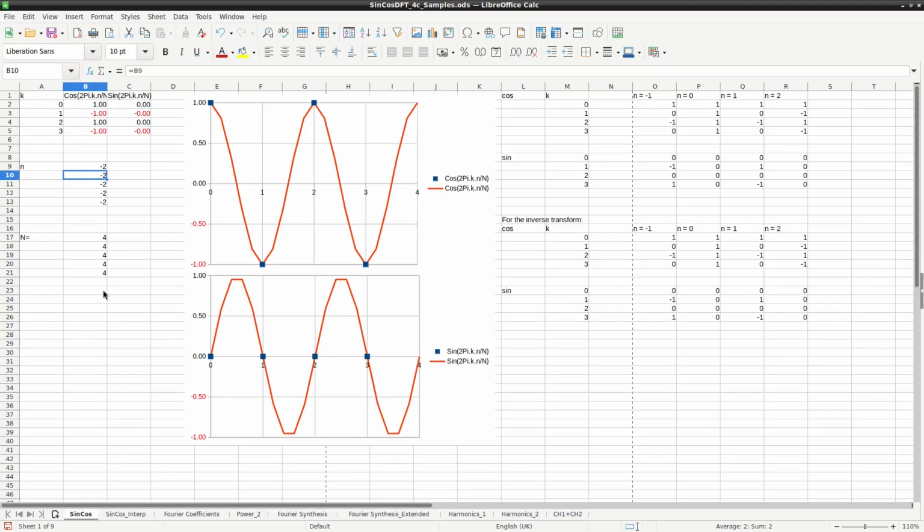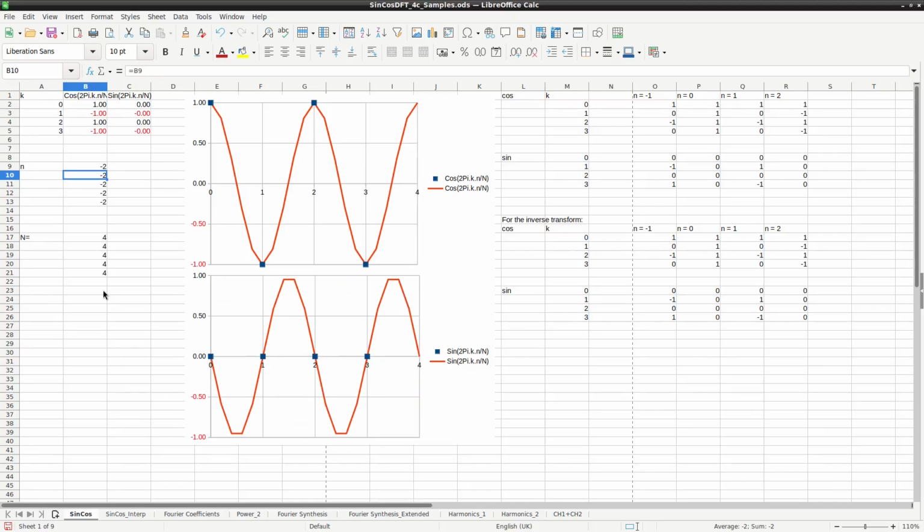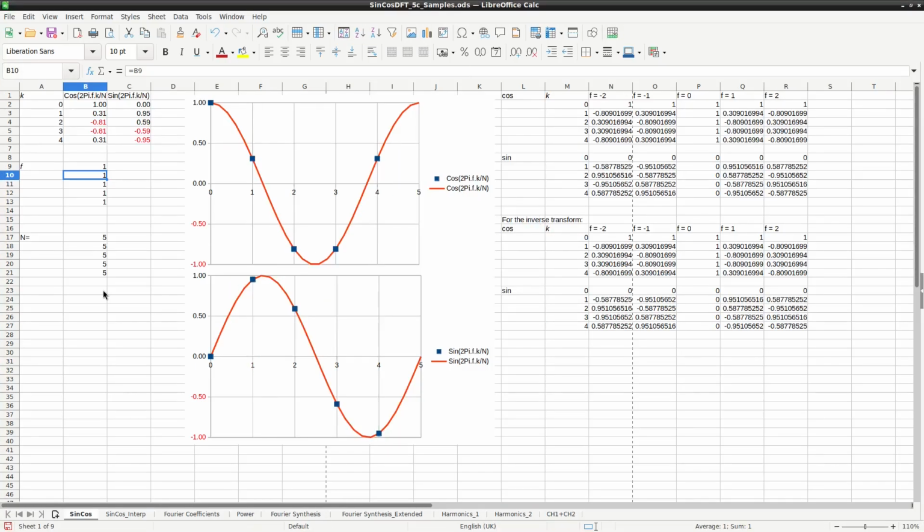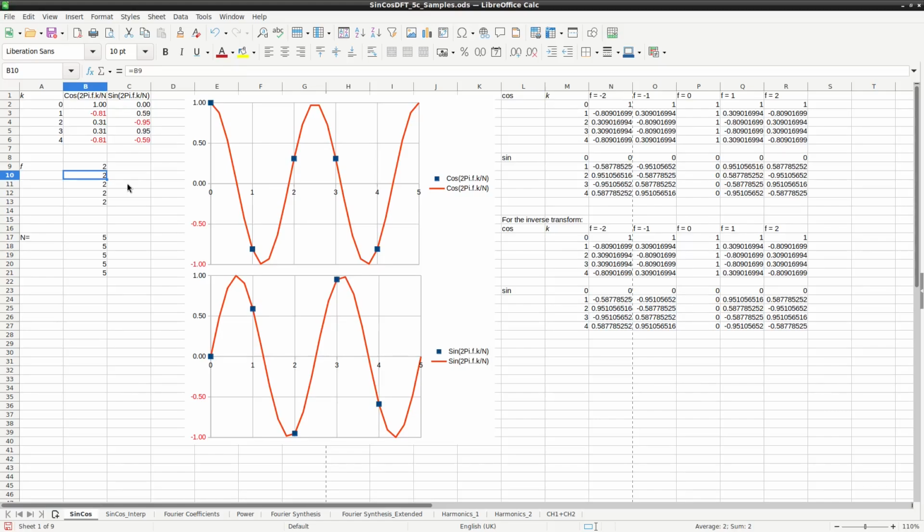So it would overrepresent the Nyquist frequency in the Fourier coefficients if we did this. Now look at the spreadsheet for a signal with n equals 5. Our highest integer frequency here is f equals 2, but although this is the same number, 2, as in the previous case, remember that this actually represents a slightly lower frequency than before because it represents a proportion of the total sample points.